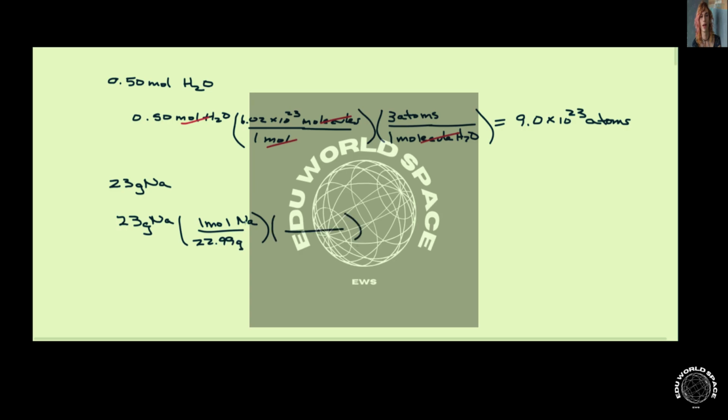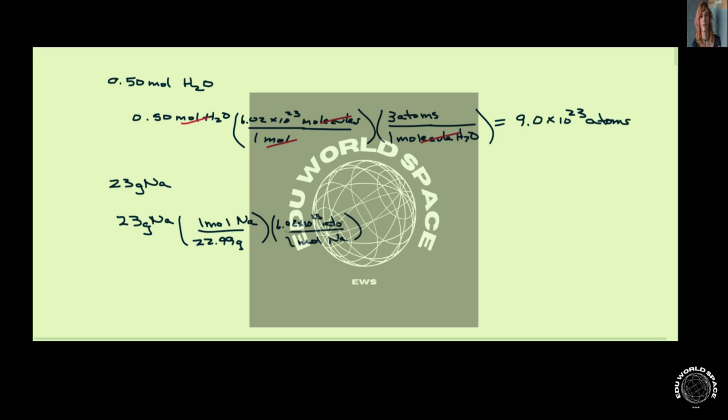Well, Na, there's only one atom there, right? Let me take that back. We have 1 mole of Na is 6.02 times 10 to the 23rd atoms.